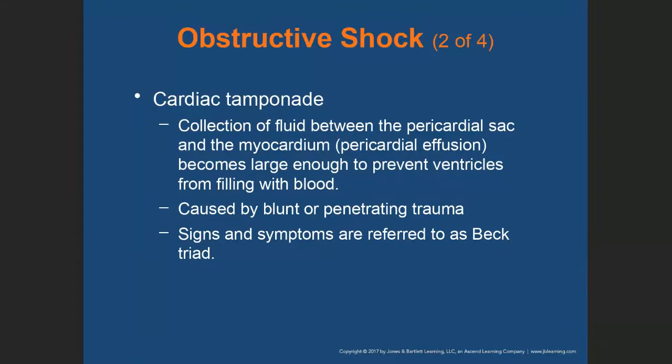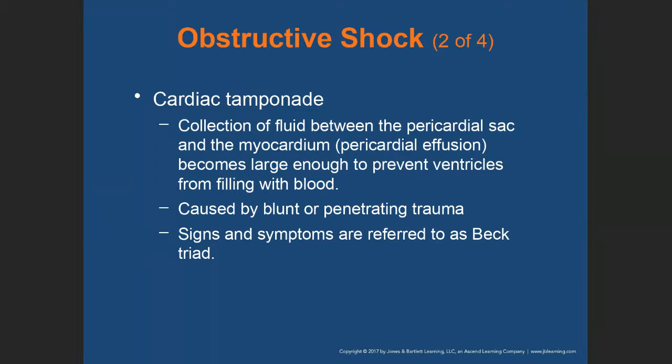Because there is fluid or blood collecting over the heart, the heart sounds will be muffled. So the patient is going to have muffled heart sounds. And because the cardiac output is compromised, the systolic pressure is going to drop and it's going to appear as if the diastolic is going up.